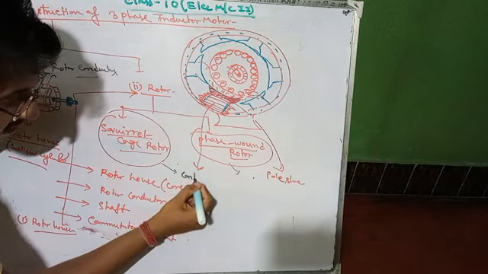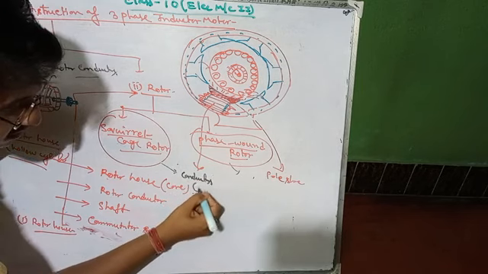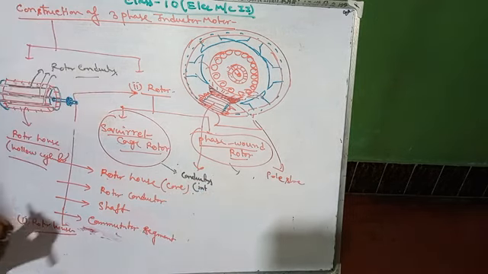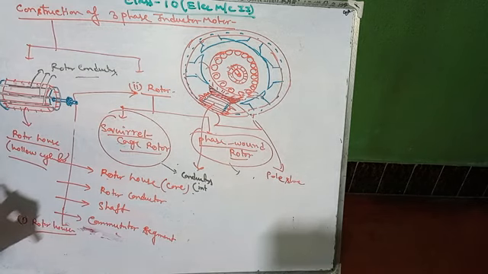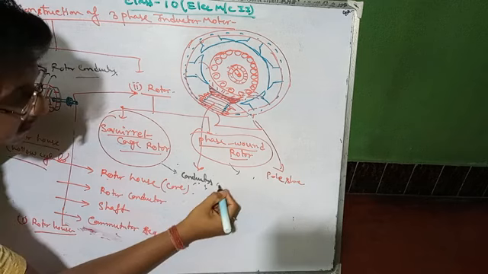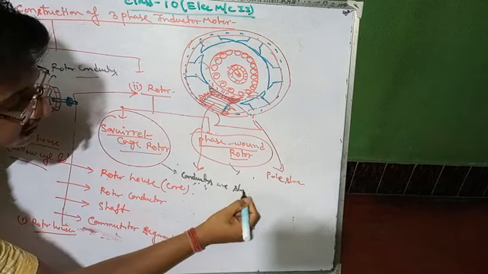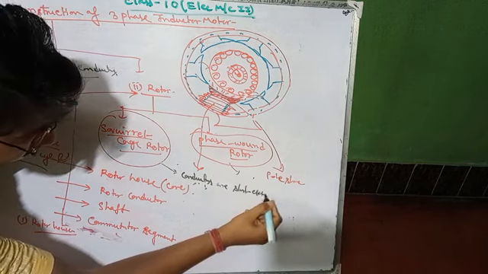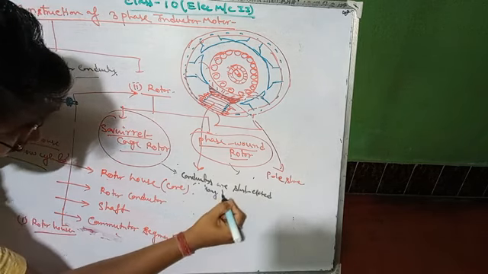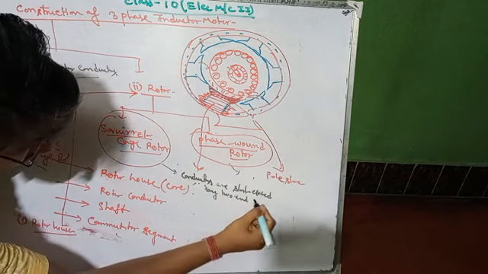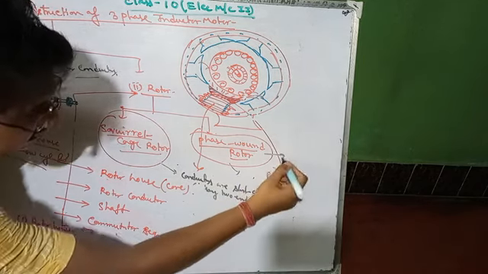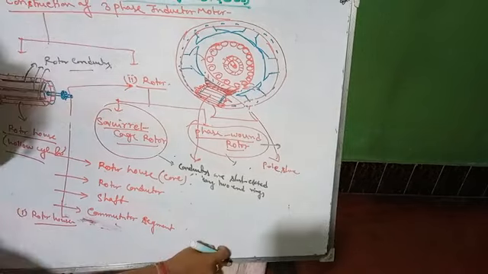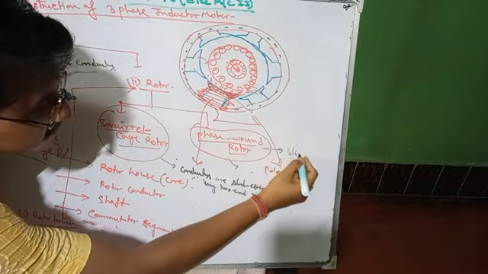The conductors are in terms of bars. Conductors are short circuited by two end rings, and here, slip ring arrangement.